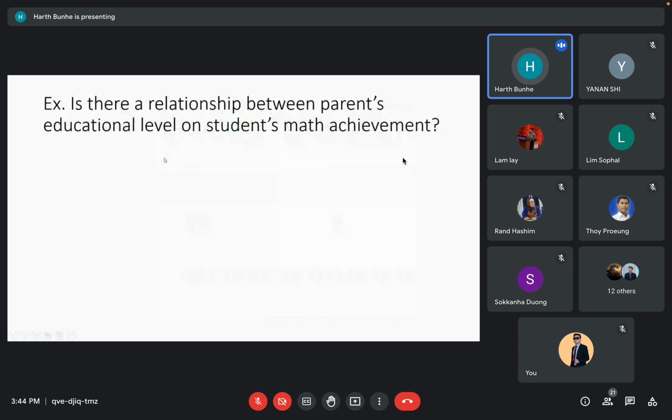The first is parent education level, and the second one is math achievement. So math achievement is measured on a continuous scale, or we can say quantitative, and parent education level is also measured on a scale too.